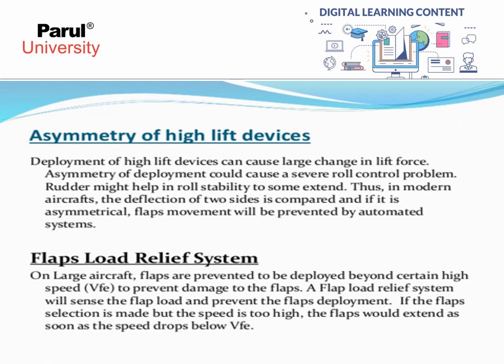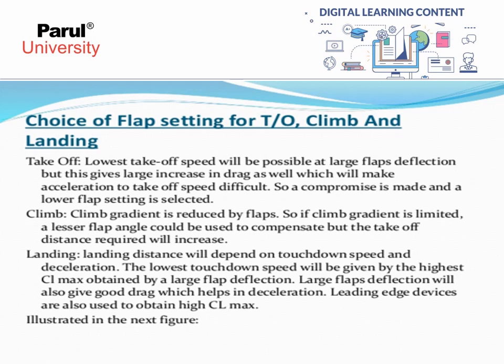Okay, now we can go for the next. Now we can see here the choice of flaps setting for takeoff, climb and landing. For takeoff, the lowest takeoff speed will be possible at larger flap deflection, but this gives a large increase in drag as well, which will make acceleration to takeoff speed difficult.